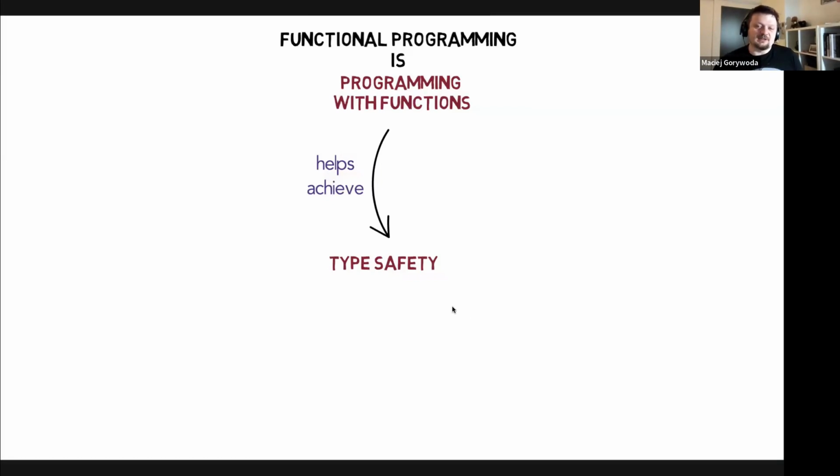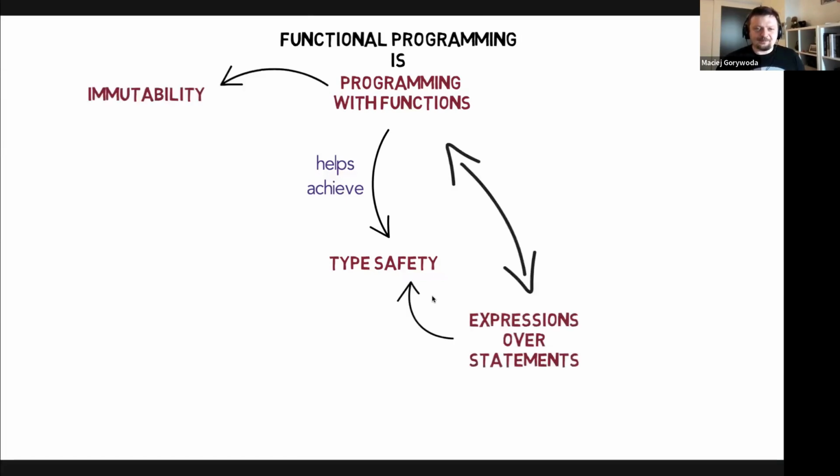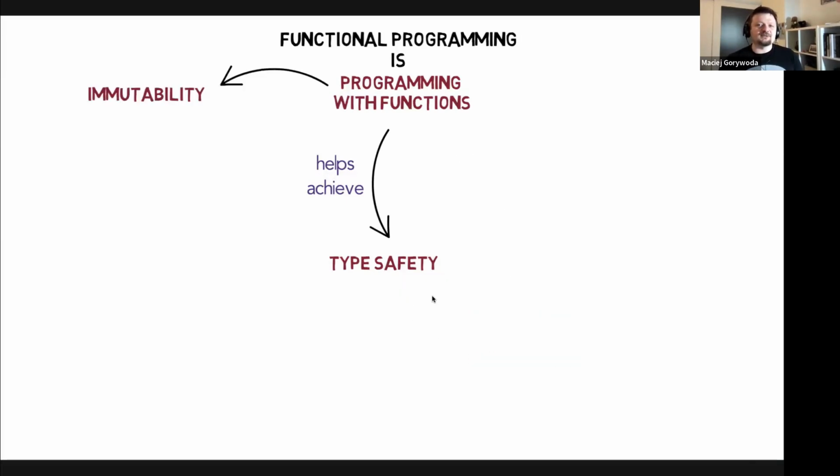That already means that a lot of bugs that in some other languages could go to runtime are in our situation caught in compilation. Another thing that is very typical for functional programming, but is not independent of the fact that we program with functions, and is rather an effect of it, is immutability.